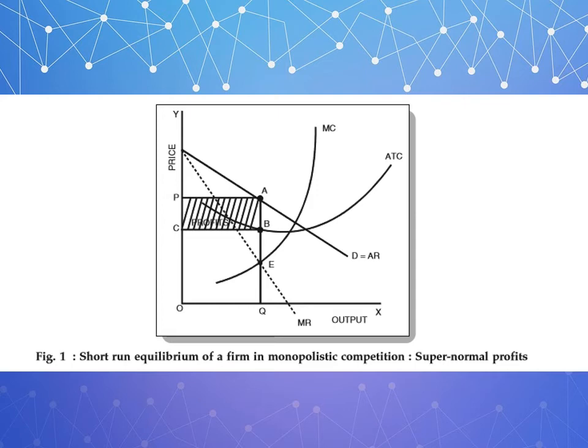In this figure, we can see that the marginal cost curve cuts the marginal revenue curve at point E. At this point, equilibrium price equals OP and equilibrium output equals OQ. Now, since the per unit cost is BQ, we have per unit supernormal profit equal to AB or BC. Total supernormal profit equals APCB.